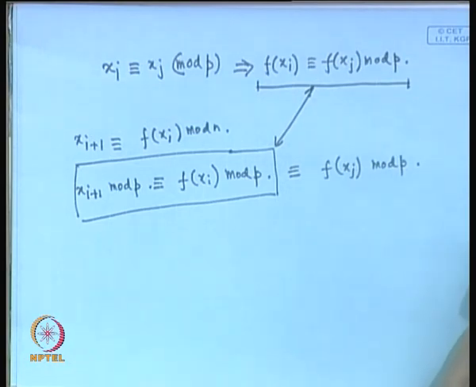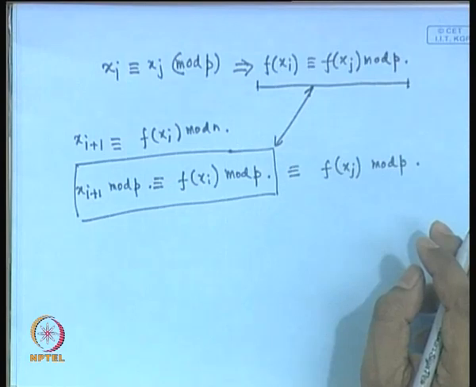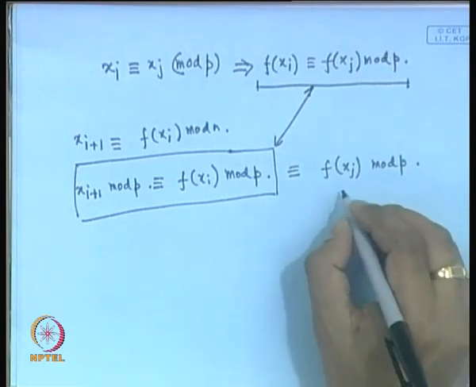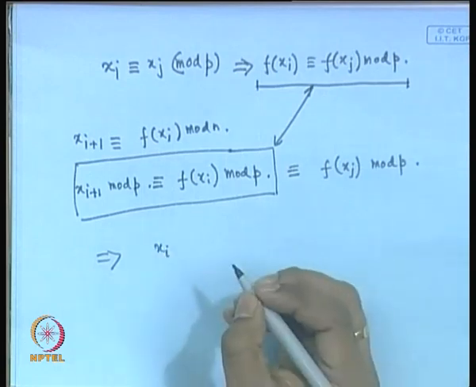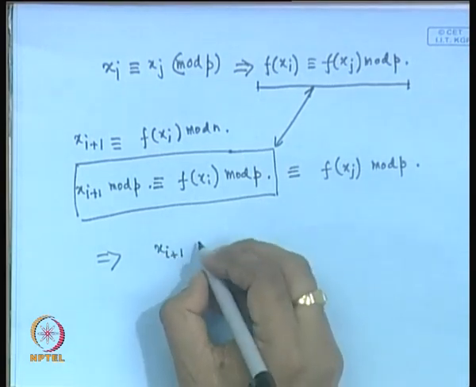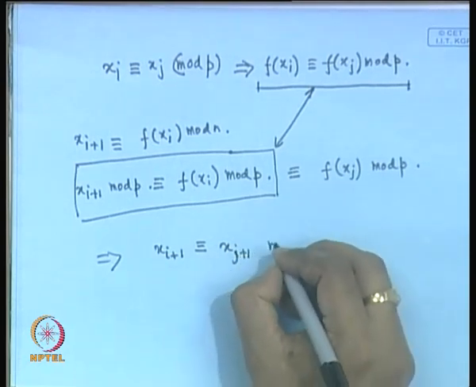So f(x_j) mod p is equal to x_{j+1} mod p, and what we are essentially saying is that x_{i+1} will also be equal to x_{j+1} modulo p.